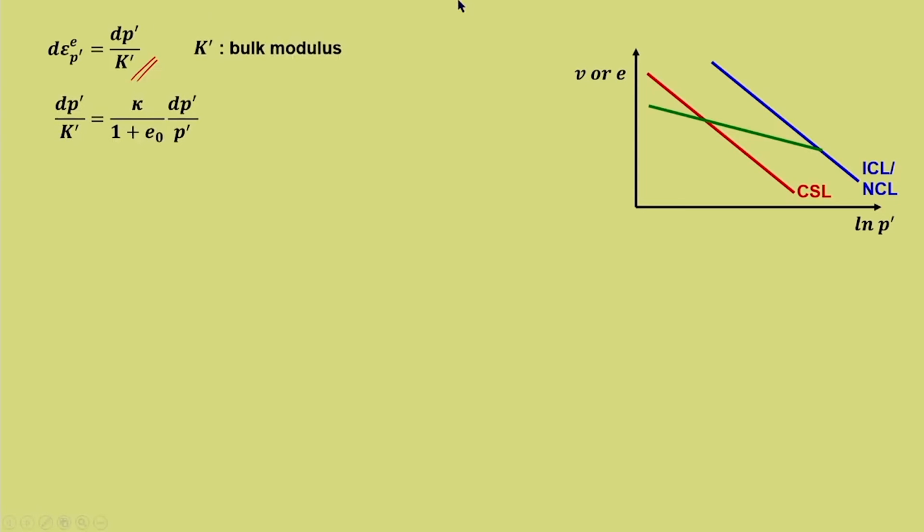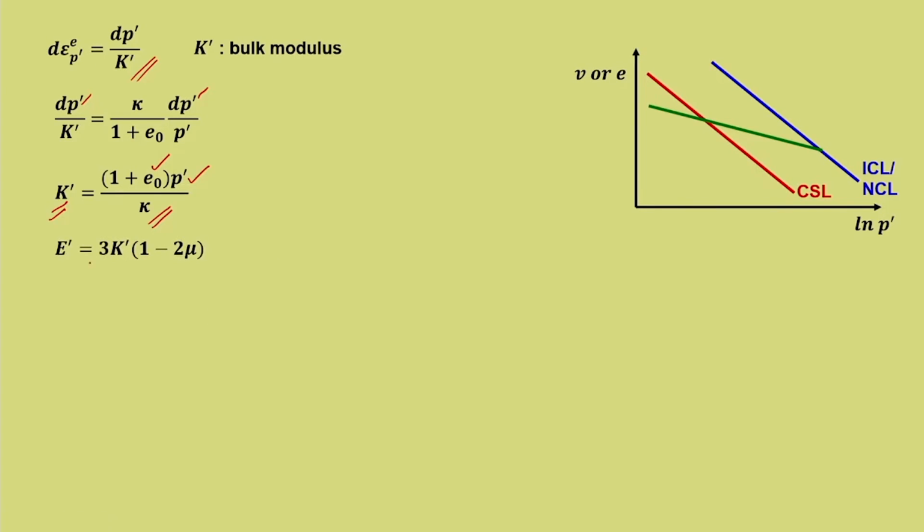Now substituting this, dp dash by K dash can be substituted with kappa upon 1 plus e naught into dp dash. So this and this get cancelled off. One can write the expression for bulk modulus K dash is equal to 1 plus e naught times p dash upon kappa. You can see that the bulk modulus can be determined by knowing the value of kappa, e naught and the value of p dash.